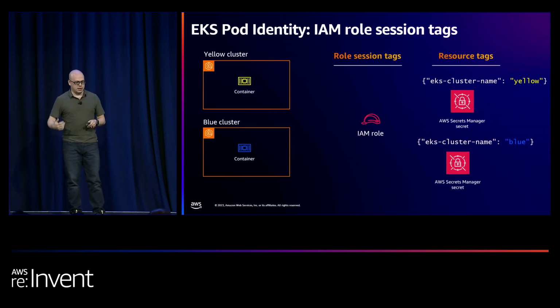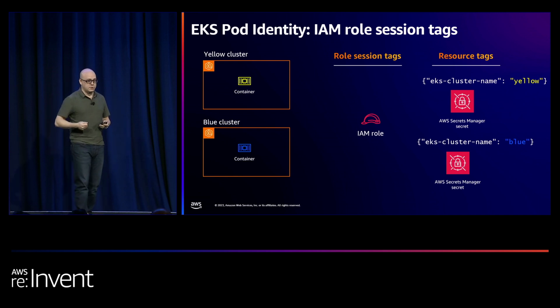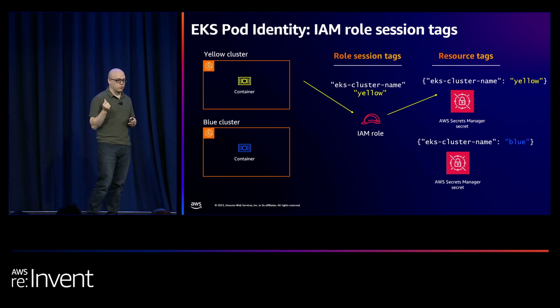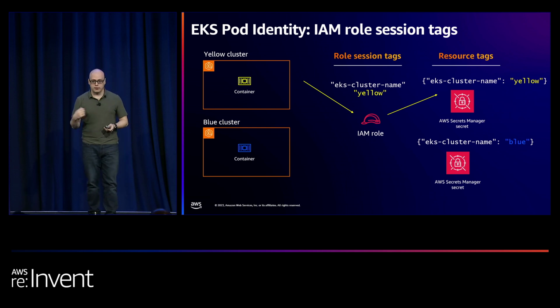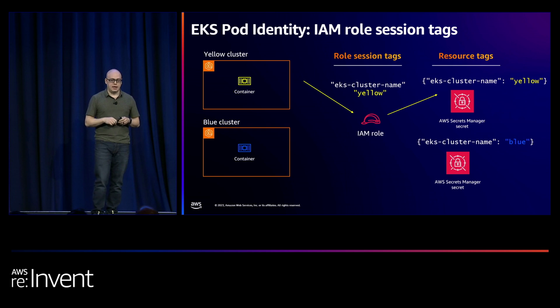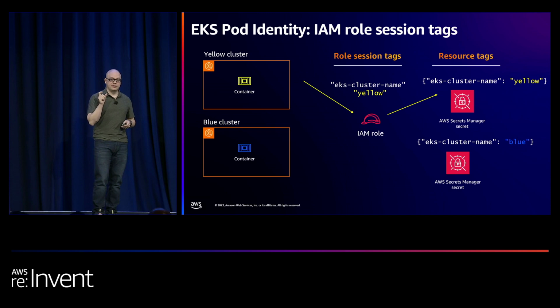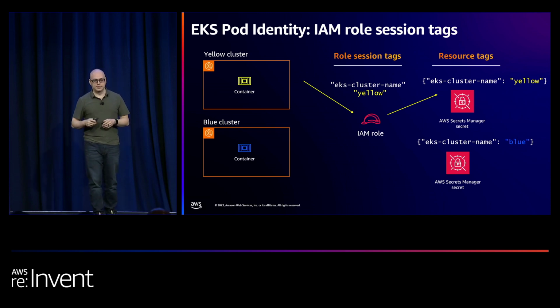So what that ends up looking like is you have a container, say we have a yellow cluster, and it assumes the same IAM role, the secret reader role. The role session tag that EKS sets when it gives the credentials to the container in your pod is going to be EKS cluster name yellow. And the resource tag on a secret, whatever permission you give the pod, whether it's creating a secret or accessing a secret value, must match the session tag.